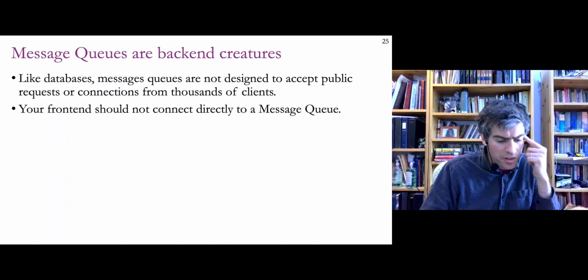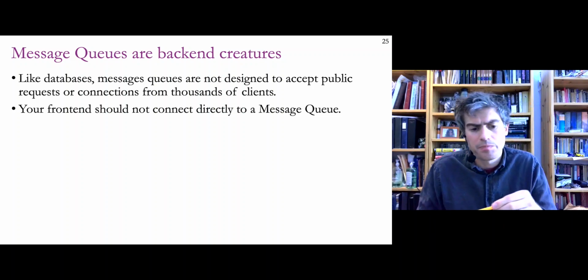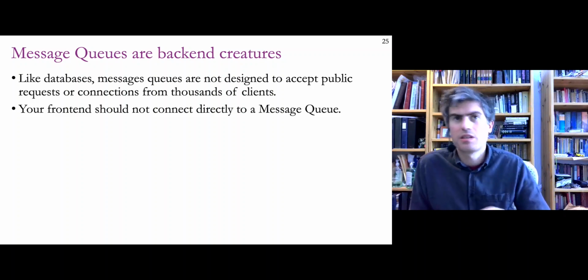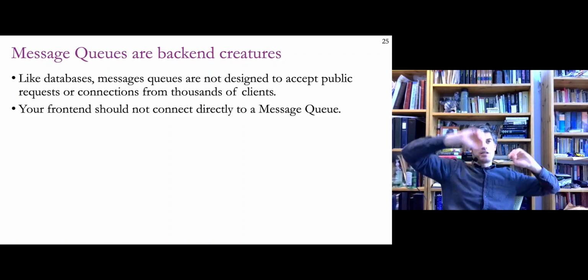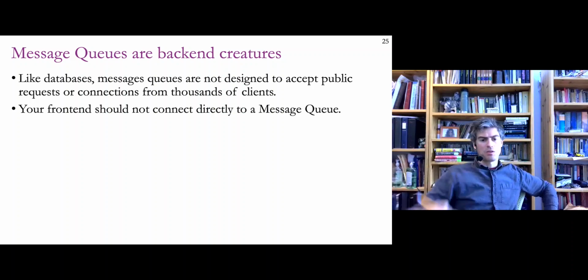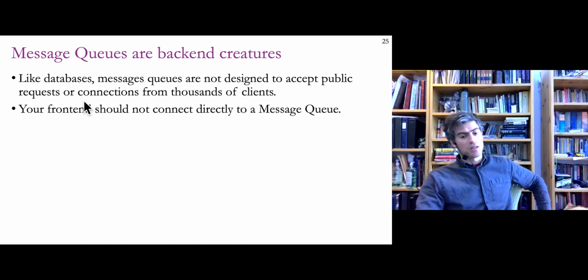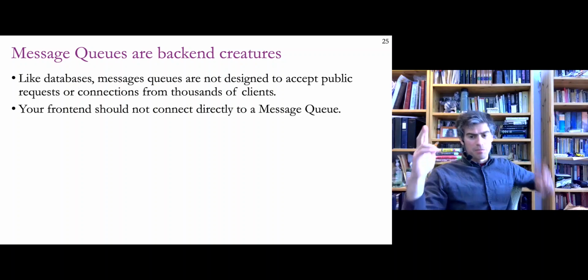Also, one of the things that students last time were confused about in using queues in their architectures was that I saw some students try to put queues at the front end of the system, where, let's say, a React app was sending something to a queue. That can't happen directly, just like databases, which might also not be obvious, but both databases and message queues are, I would say, back-end creatures.